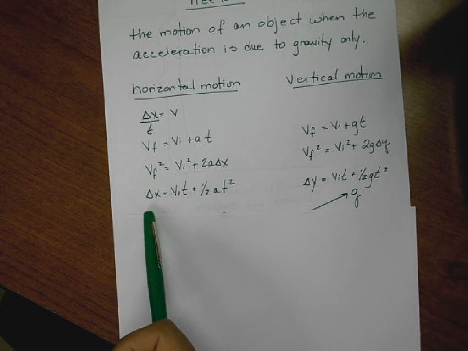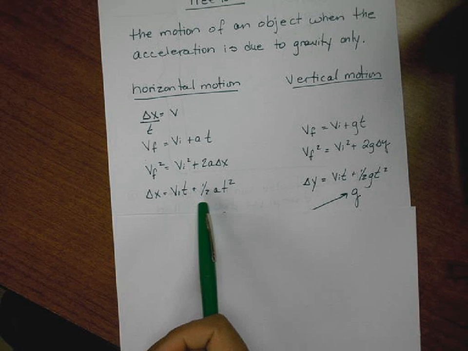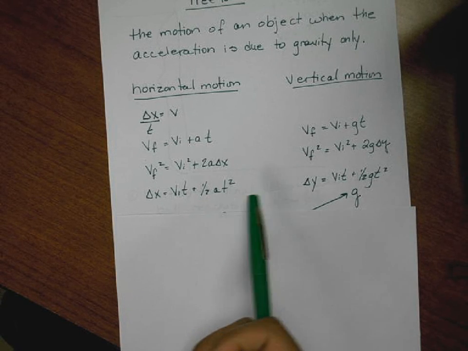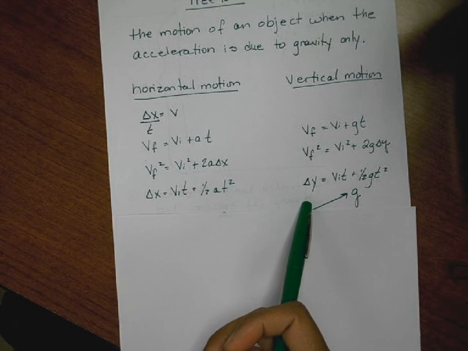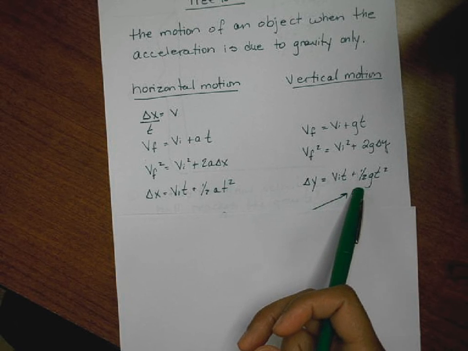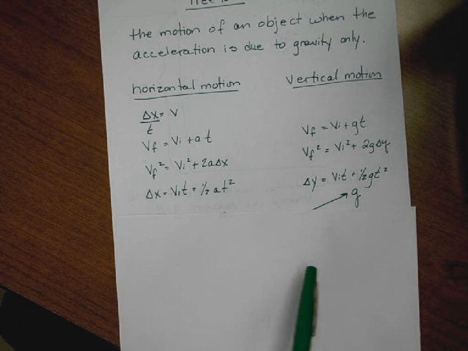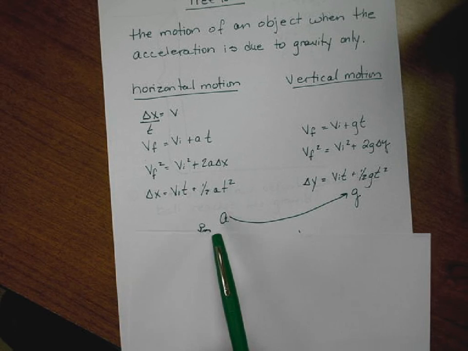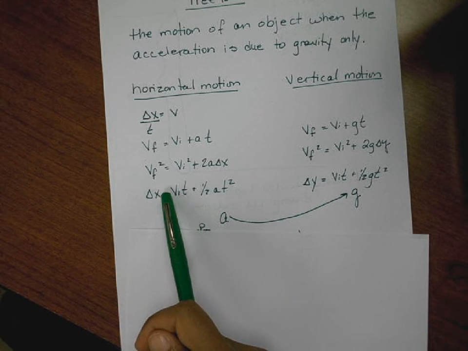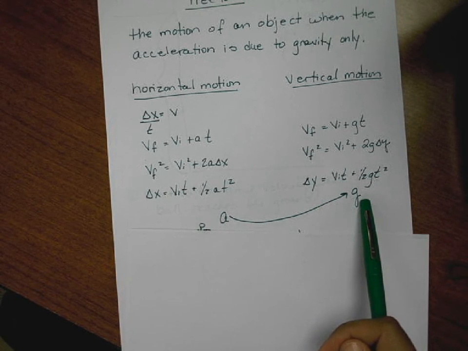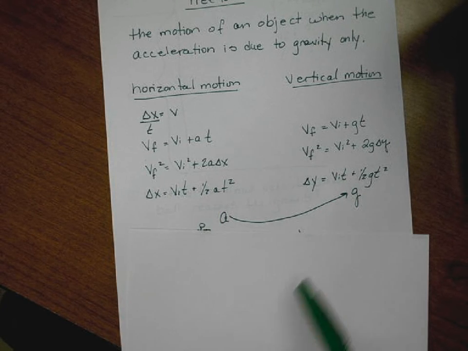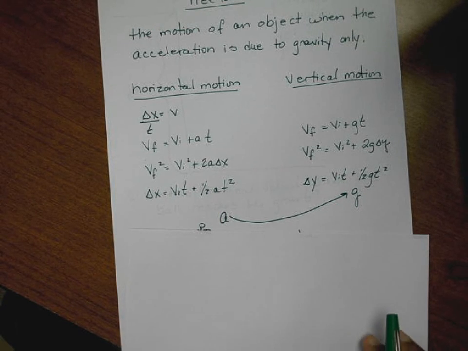And last but not least, I have delta x = vi t + 1/2 a t squared, and here it's delta y = vi t + 1/2 g t squared. Again, I have changed my acceleration over here to gravity over there. And otherwise, the equations are basically the same.